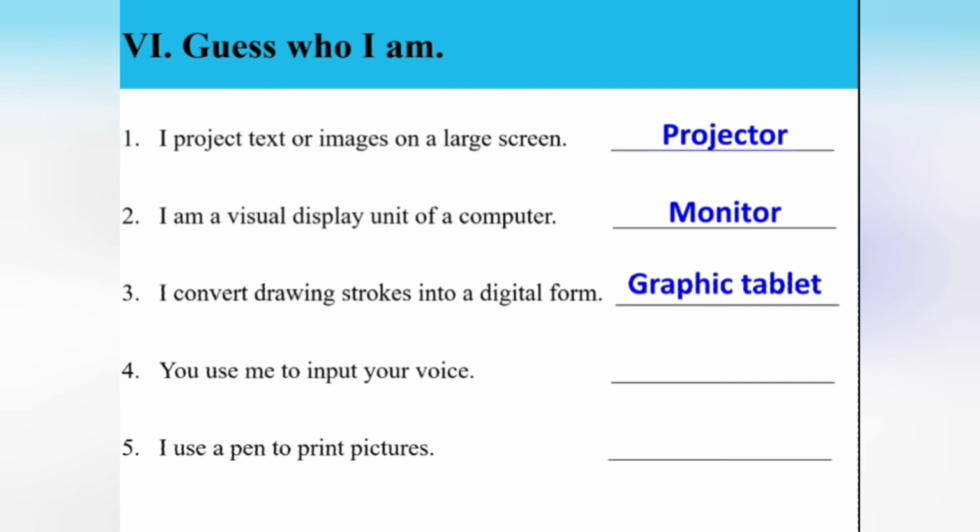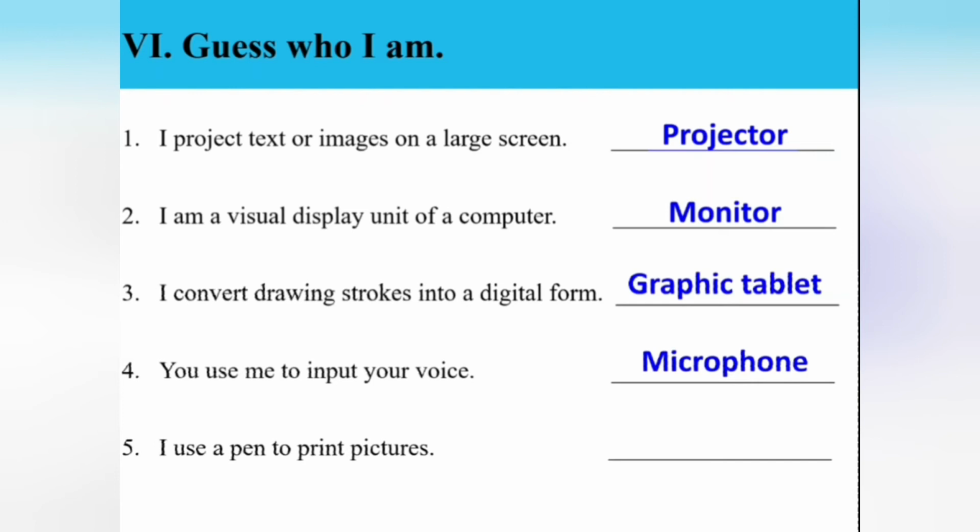Fourth one, you use me to input your voice. Which device is used to give your voice? That is microphone. Microphone is used to input your voice to the computer system.